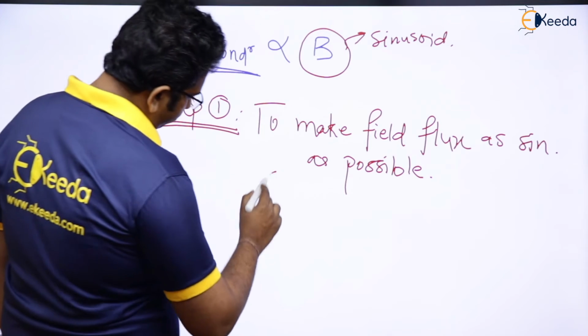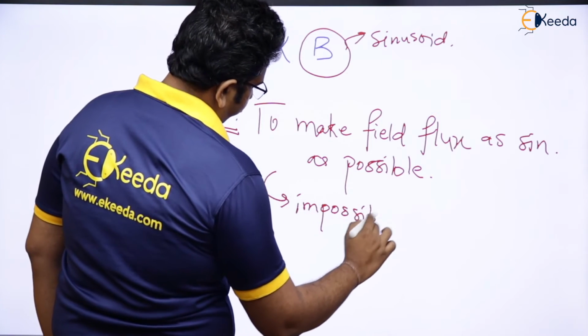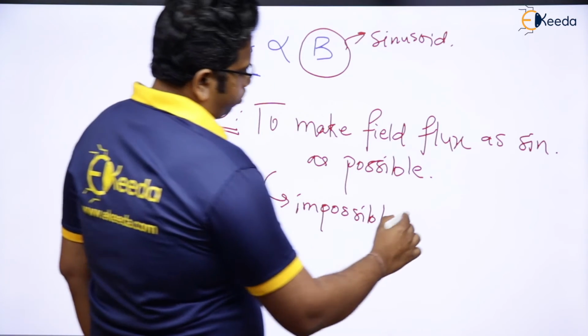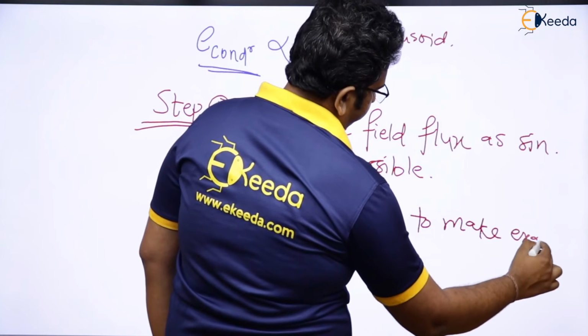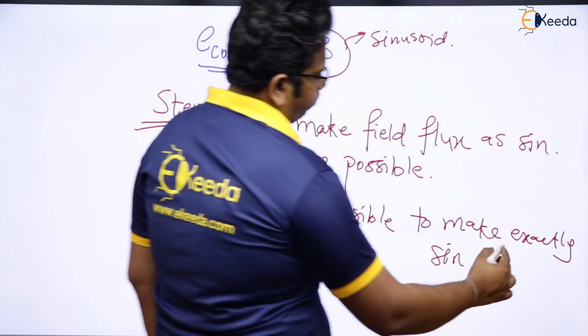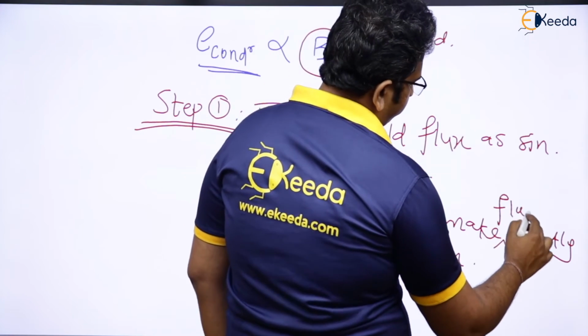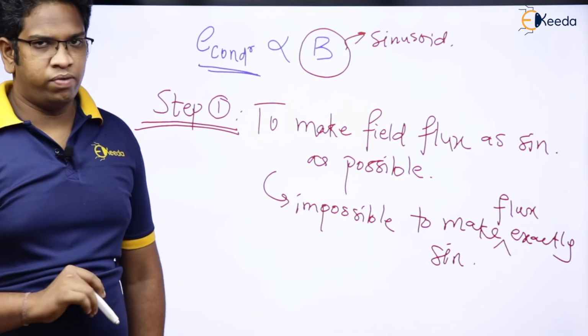Means it is impossible to make flux density, or you can say to make flux, exactly sinusoid. Why it is impossible, we will see.